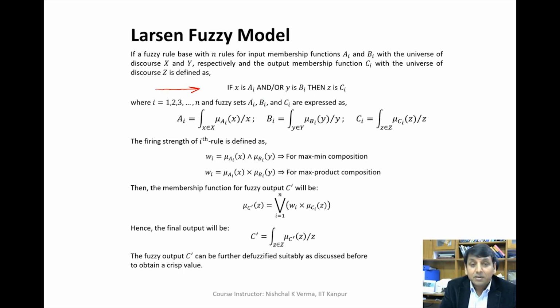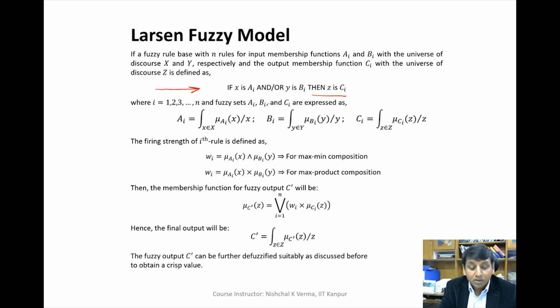For simplicity we are taking only a typical rule with two antecedents, and then in the consequent part we have a fuzzy output. In the Mamdani fuzzy model also we saw the rule set, and these rules had the antecedent part fuzzy and the consequent part fuzzy.